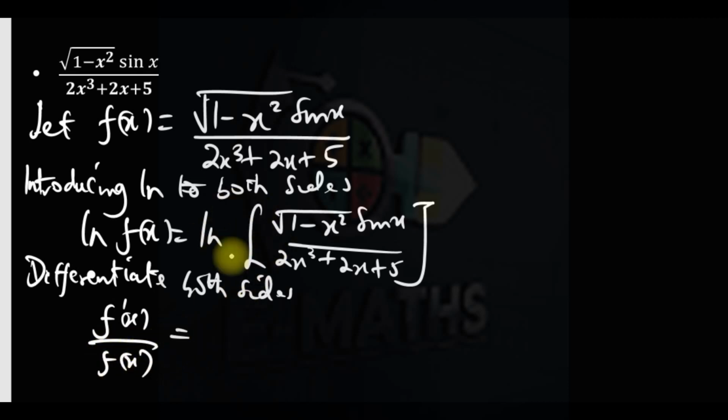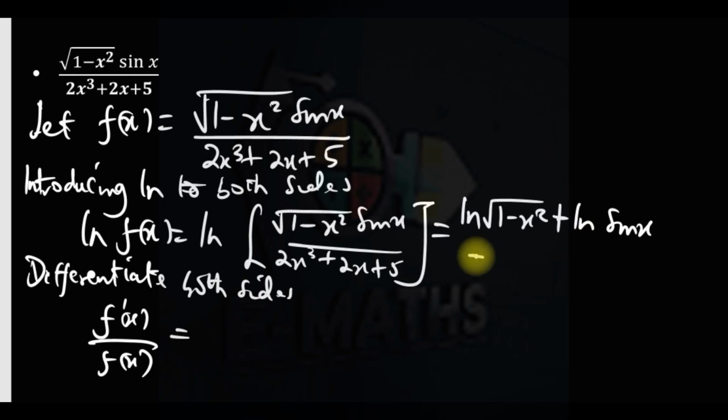We now differentiate this. But before this, we can easily see that we can write this as ln of this product, ln (1 minus x squared), so plus ln sine x minus ln (2x cubed plus 2x plus 5).